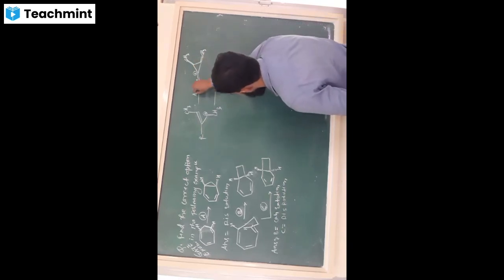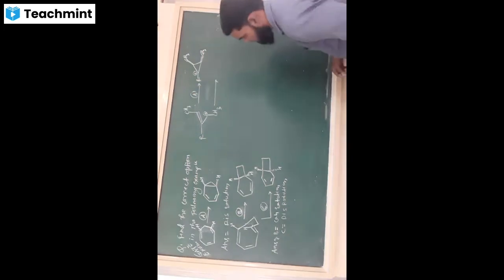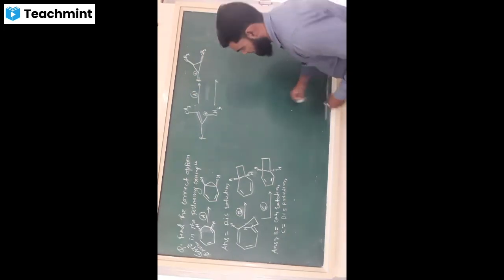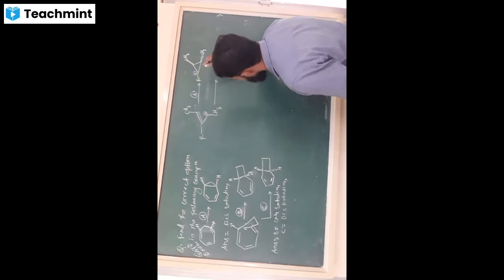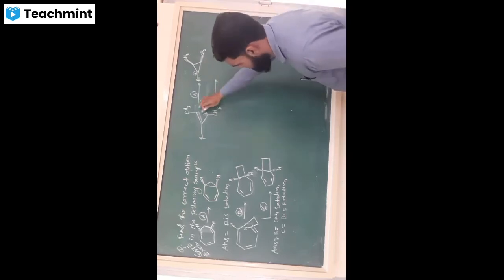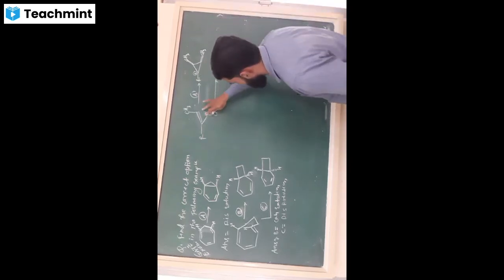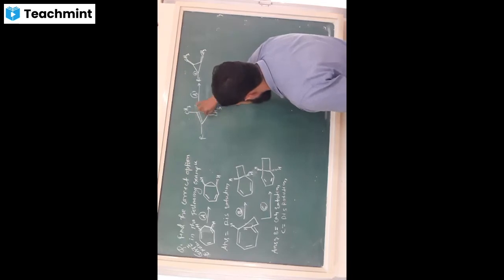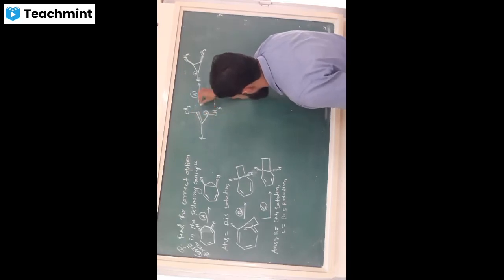So again you have to find the type of rotation that takes place over here. This is the positively charged species which is acting as a starting material.